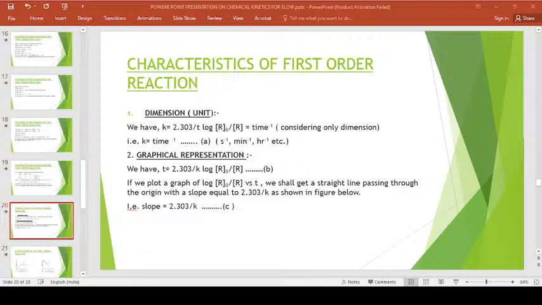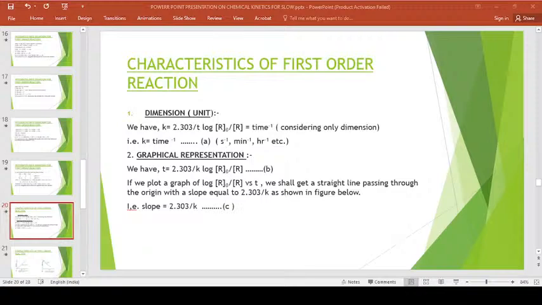So my dear children, please be careful in your textbook, in your NCERT book. It is given there, and here the intercept is ln of R naught, and k equal to minus slope. So your k equal to minus slope will be the same for zero order as well as first order. Only the difference is that in the first order we have to plot ln R along the y-axis.